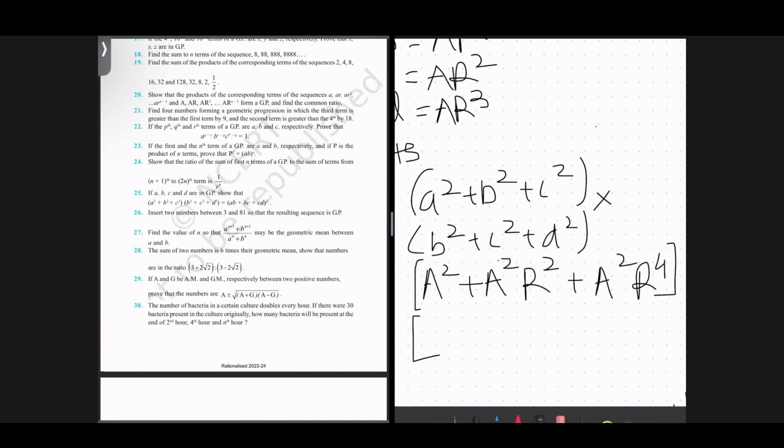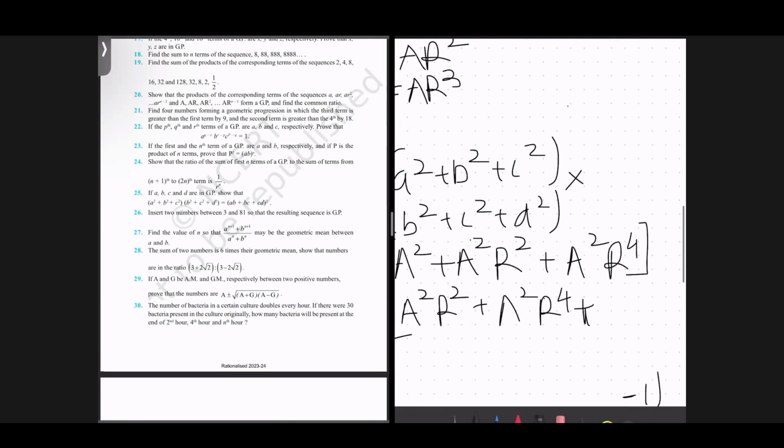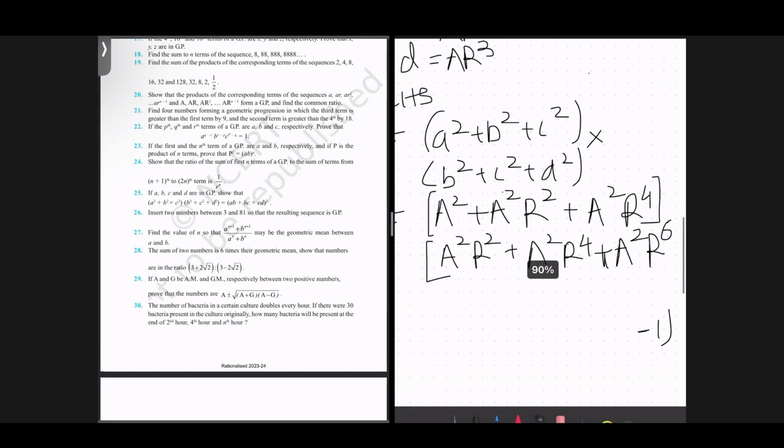And in the second term, you have B square, that is again A square R square, C square is A square R raised to the power 4, plus D square, and D is AR cube, so D square is A square R raised to the power 6, right?